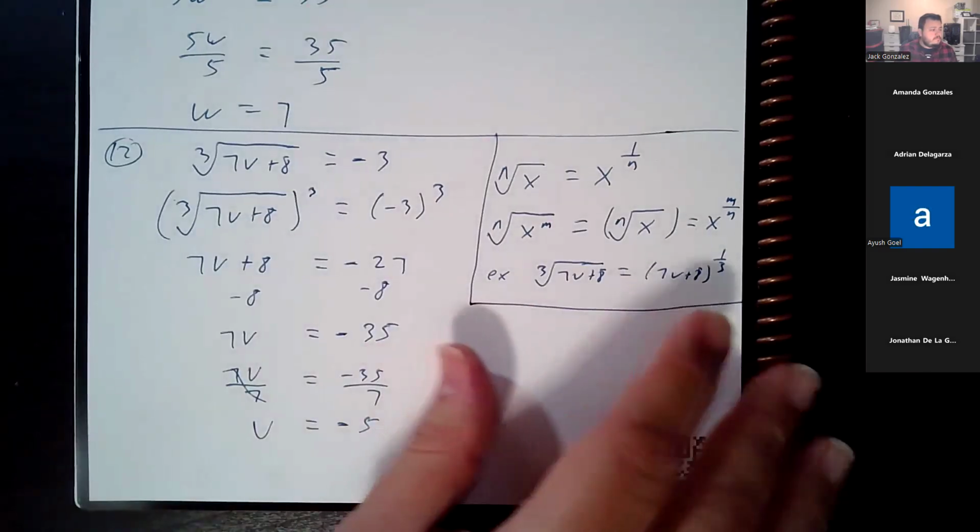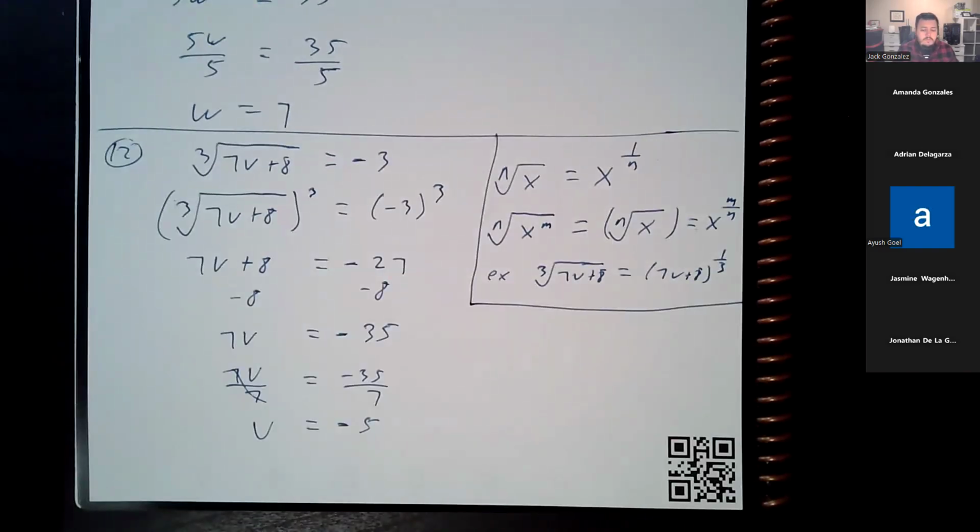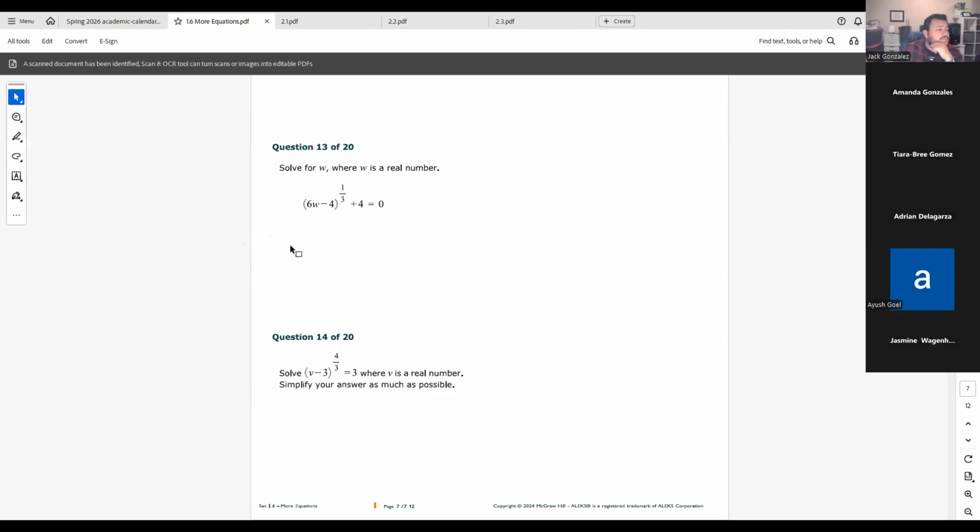Okay. So I'm going to skip a couple because I'm running out of time here. But I'm open to questions. Check this out. Can you see the notes I'm going over?